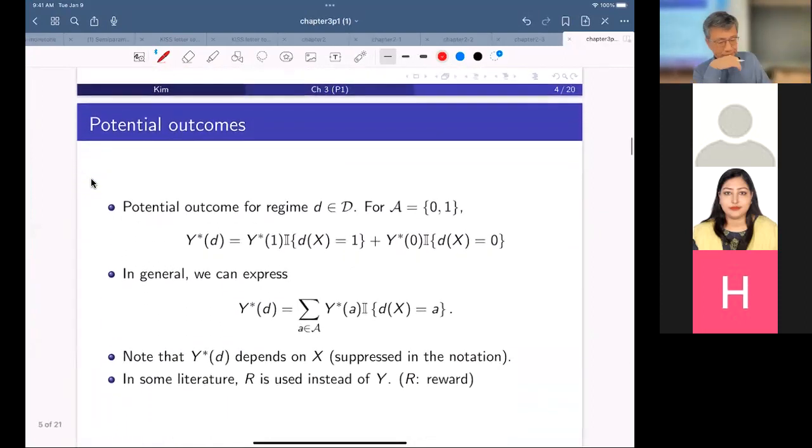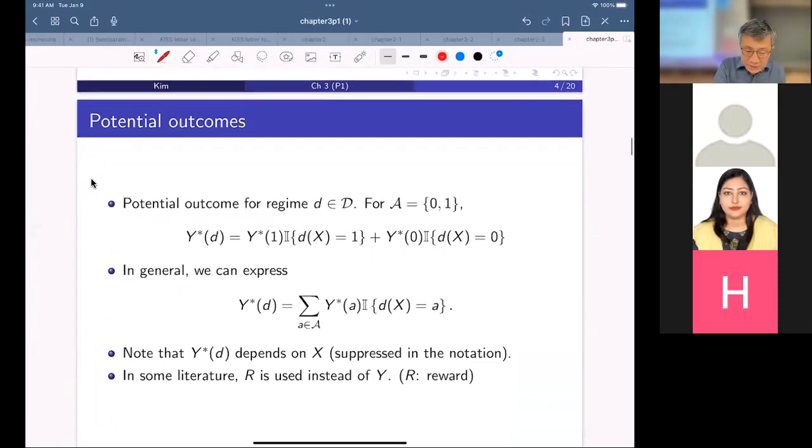And now, the second concept is the potential outcome with respect to D. So suppose I'm a medical doctor.